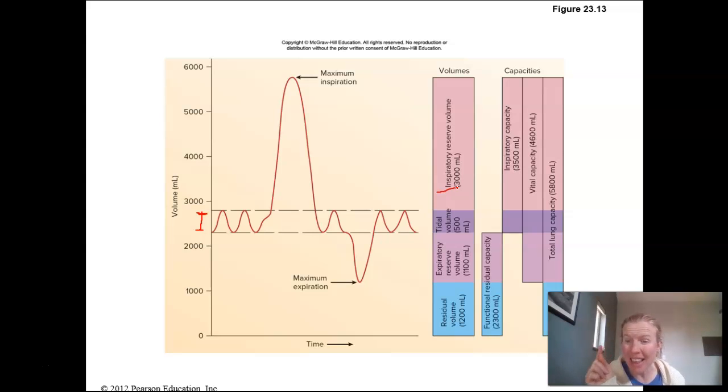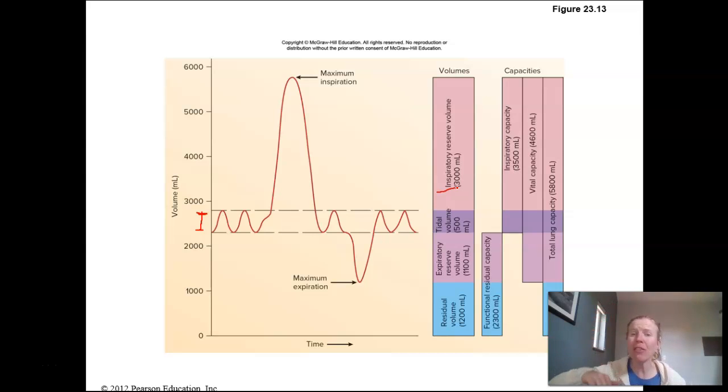Look at that, 3,000 milliliters. And of course, this varies a little bit person to person, but 3,000 milliliters, right? You have a way higher inspiratory reserve volume, or IRV, than you do tidal volume. Again, this is the amount that can be inhaled above and beyond what that normal breath is, right? 3,000 is a little more average for males. Females tend to be down by like 2,000, right? A lot of this has to do with just body size.